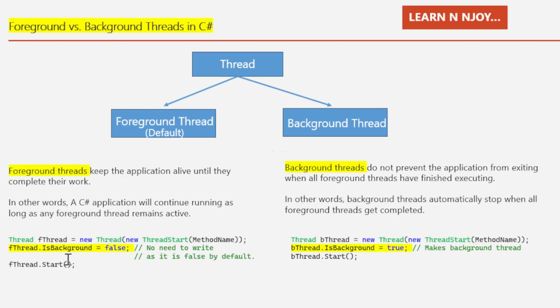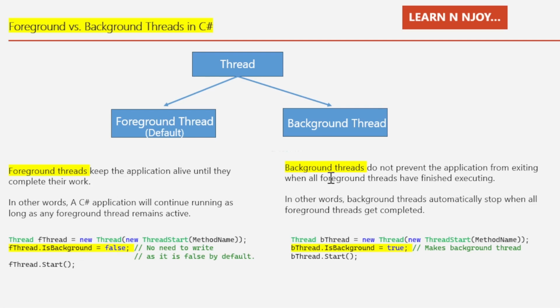But here I wrote it just to make you understand how to set the IsBackground property to false for making the foreground thread. Ideally, we should not write it. And then finally, we need to start the thread using the Start method. That's what I need to write: fthread.Start. It's just going to make the thread start.